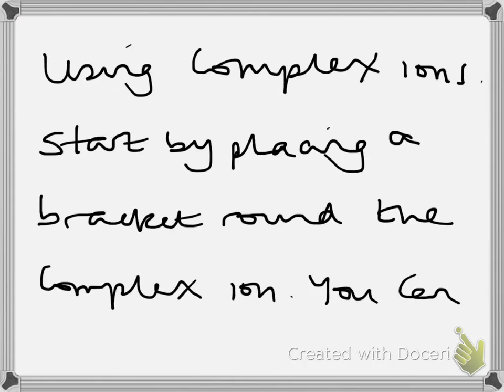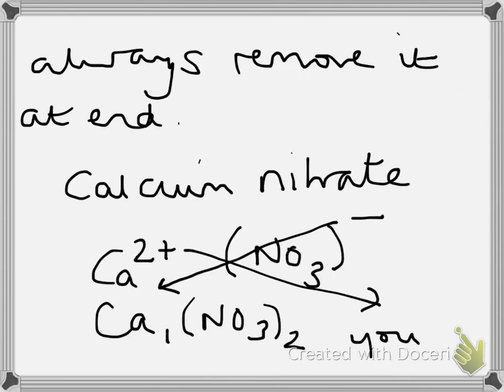If you're going to use complex ions, the first thing I would suggest is you start placing a bracket round the complex ion so you can isolate the charge. We can always remove the bracket in the end if we don't need it. So we've got calcium nitrate here. Calcium is a simple ion, Ca2+, and nitrate is NO3-.